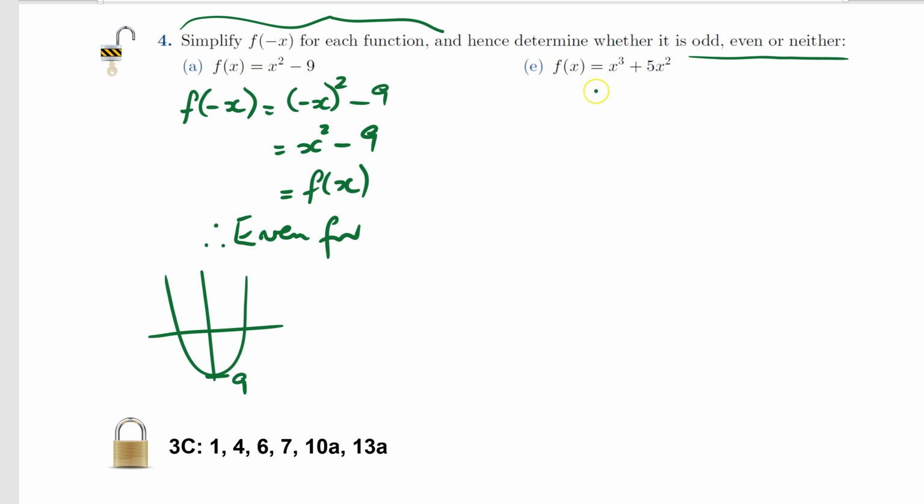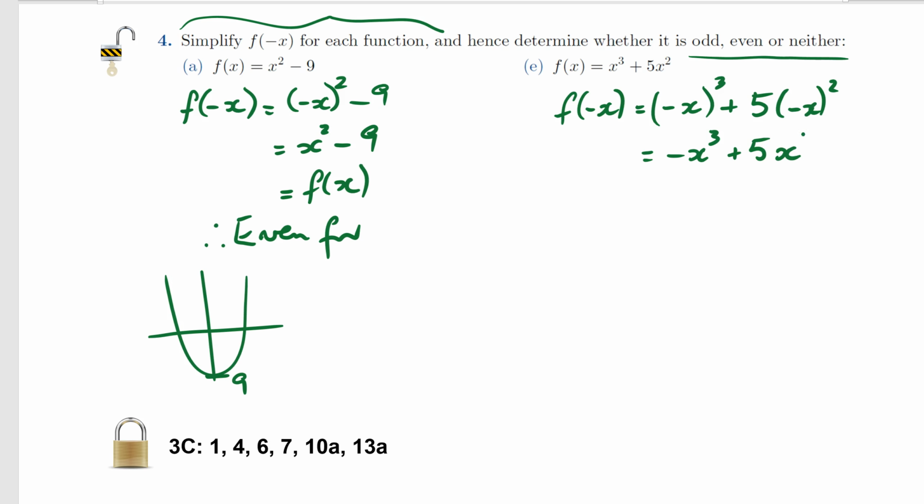Next one, f of x is this, and we take f of minus x, the thing that we test. So we put minus x in here and cube it, and minus x in here and square it. This gives us minus x cubed plus 5x squared. Now, minus x cubed plus 5x squared is not the same as this, so it's not an even function.